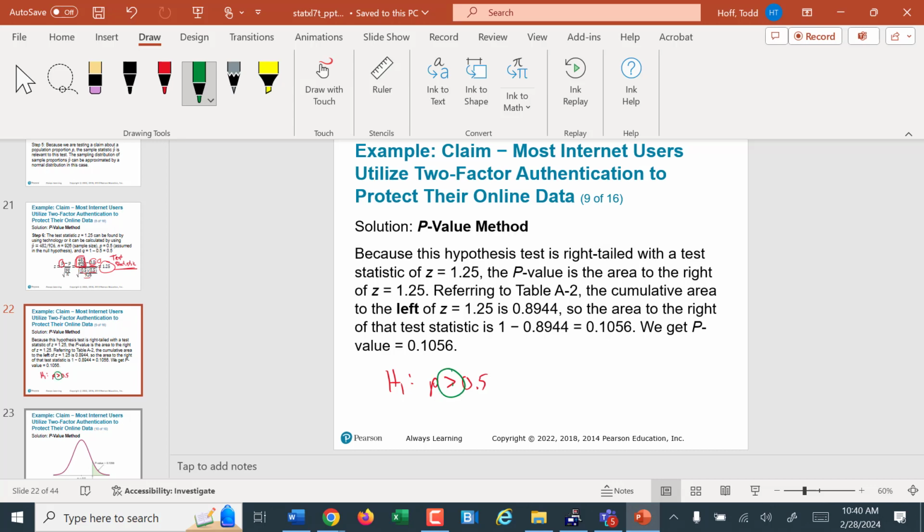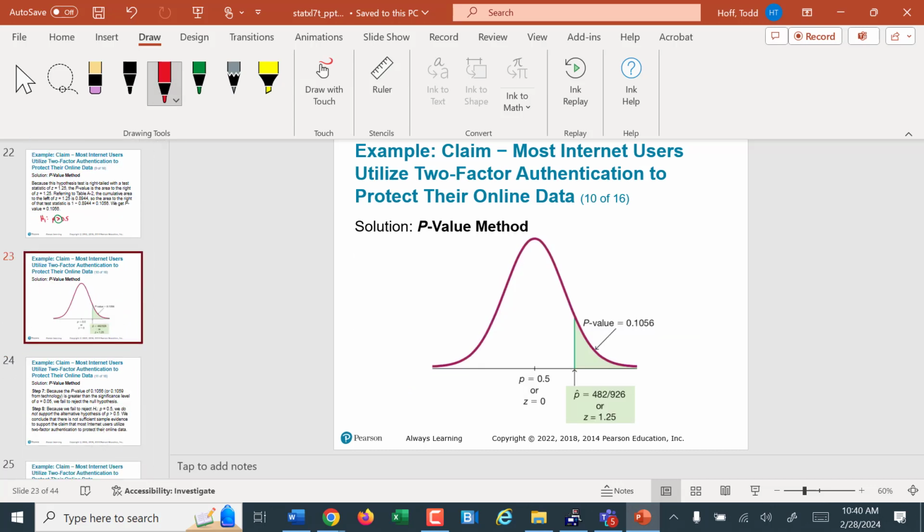We are going to look at the right tail. What is greater than our test statistic? So our test statistic of 1.25 would be a z-score of 1.25 there. We want to know the probability in a standard normal distribution of getting a value of z greater than 1.25.